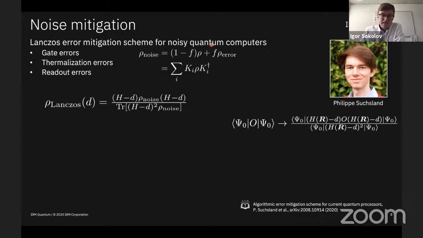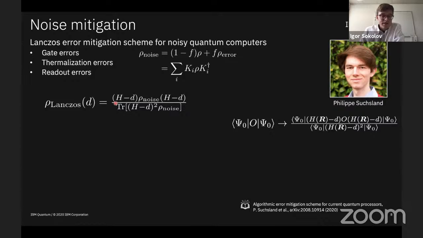This can be seen as your noiseless density matrix summed with a density matrix which has errors in it, with a prefactor f, which can be from 0 to 1. This can also be expressed as a sum with a cross operator, like this, so that it renders a valid density matrix. Of course, these are not all types of noise, but they are the ones we use to model our chip, the IBM-Q Athens chip.